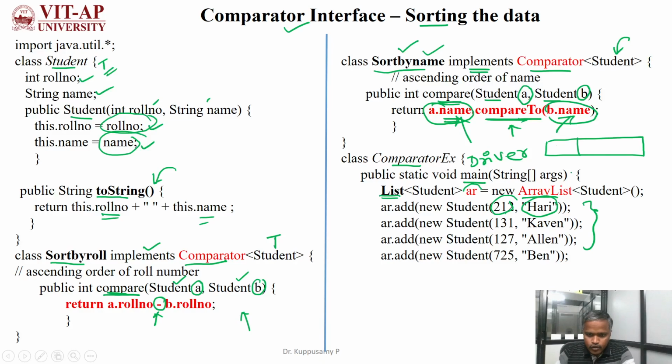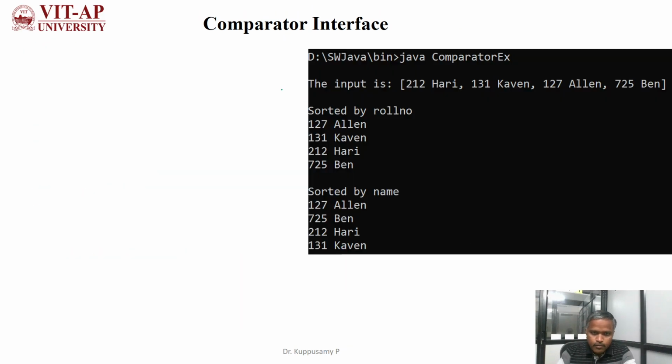After that I am displaying the entered input. This is static input which is passed at compilation time itself. The input is printed in the println statement. You see 212 Hari, 131 Kevin, 127 Alan, 725 Ben.